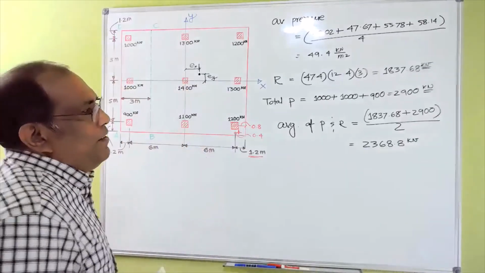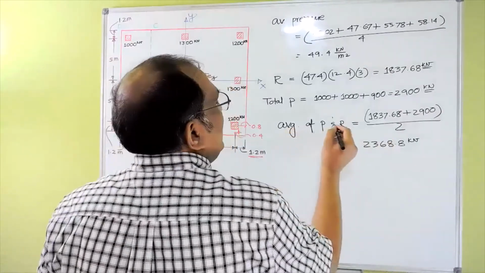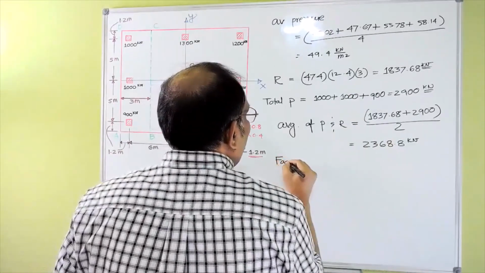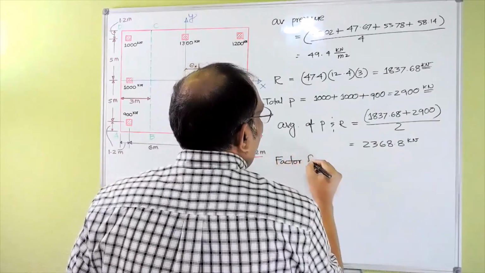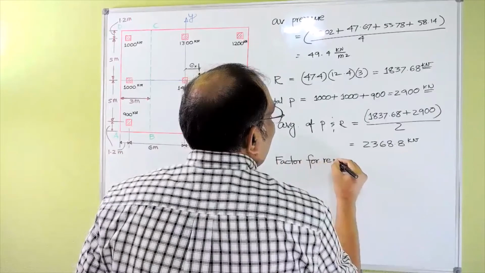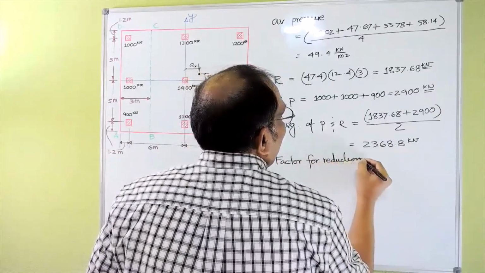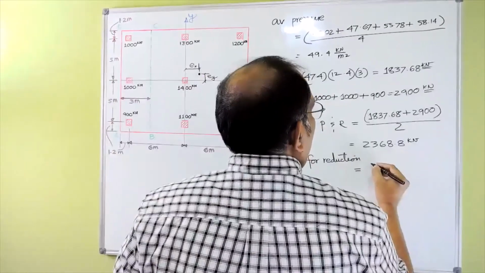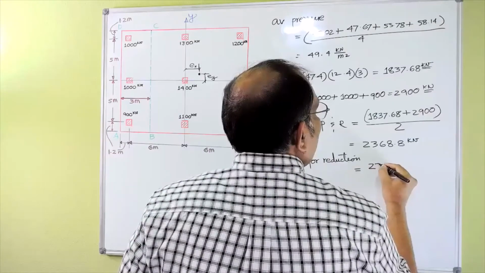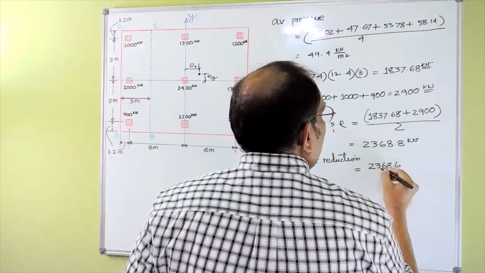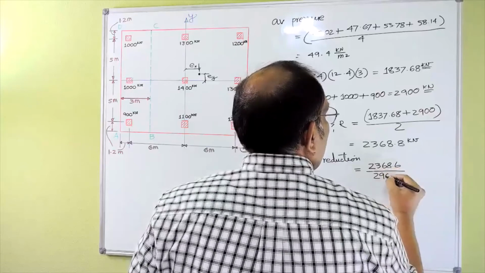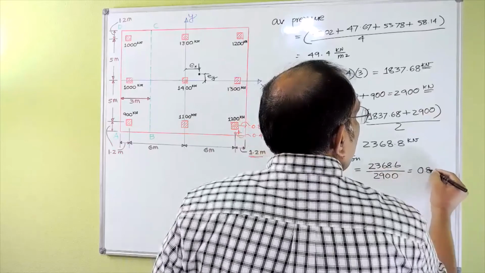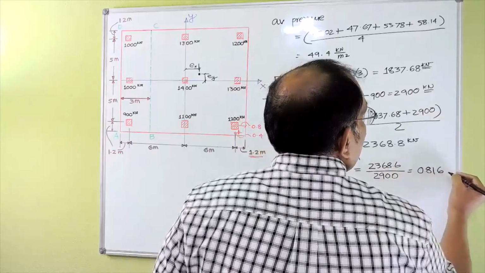So if you see the work factor to reduce my P, the factor for reduction, that has to be 2368.8 divided by 29, actually 0.816.